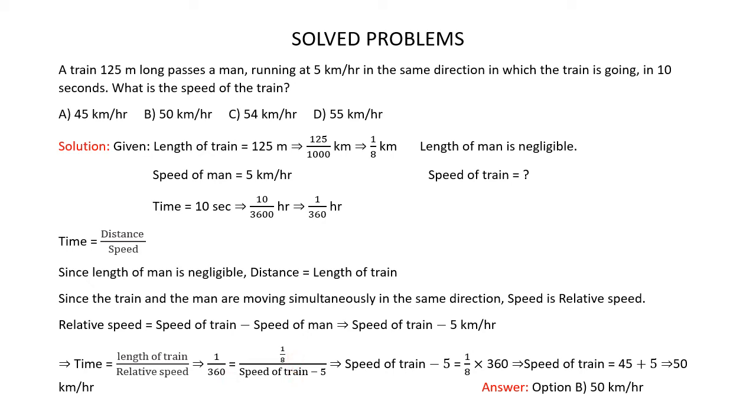On cross multiplication, we get speed of train minus 5 is equal to 1 by 8 multiplied by 360. On solving this, we get speed of train as 50 kilometers per hour. So the correct answer is option B, 50 kilometers per hour.